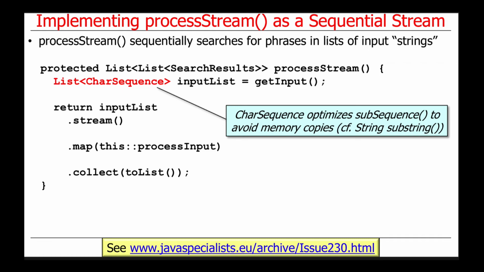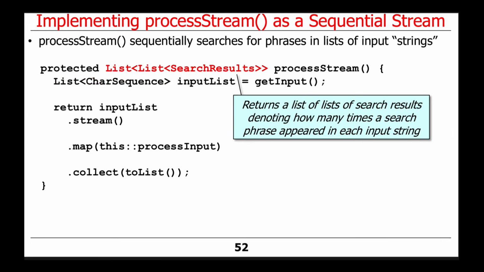It can simply return a little header that points back to the same data. That works in situations where you have a lot of read-only data and want to point to different parts within the overall buffer. So it's much more optimized in terms of space utilization and copying overhead, and therefore faster from a time and space point of view. You can read this link to find out more about the difference between subsequence and substring. So we use a list of character sequences for this reason.